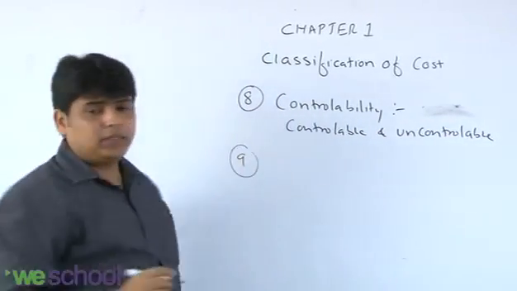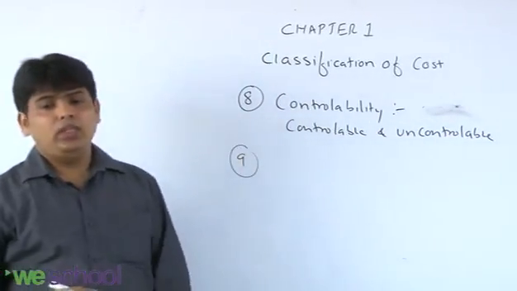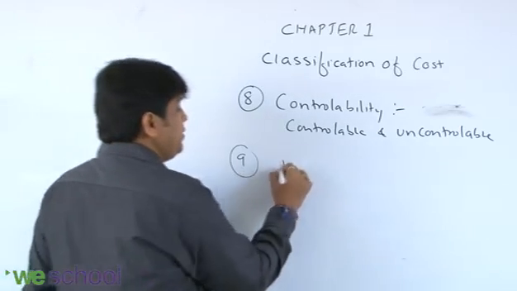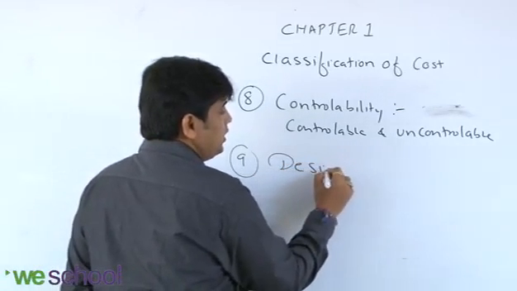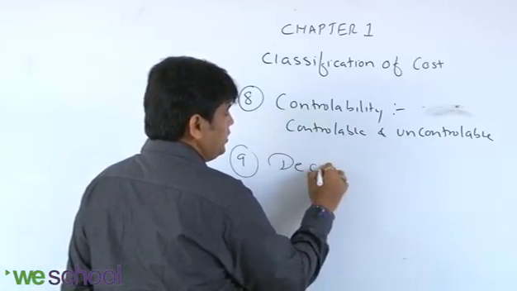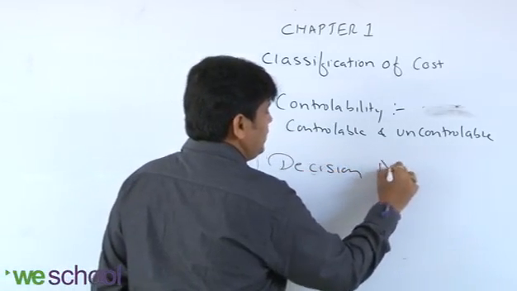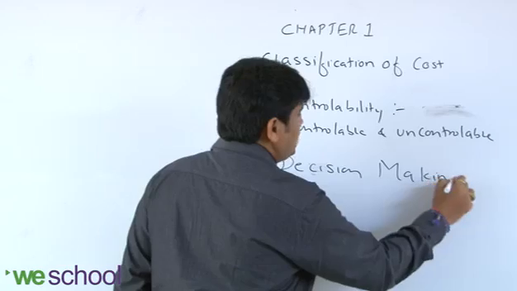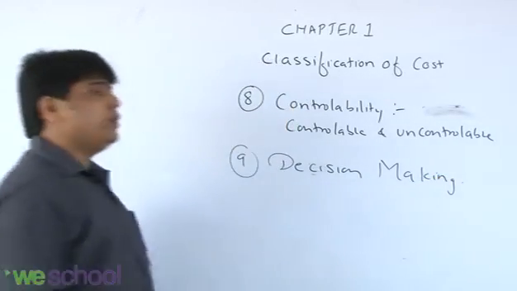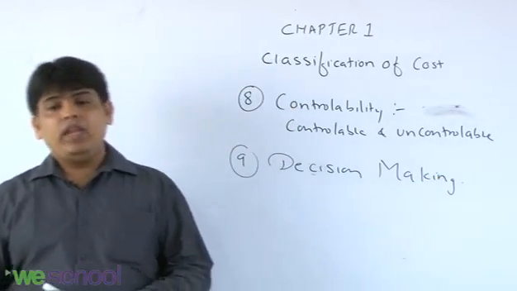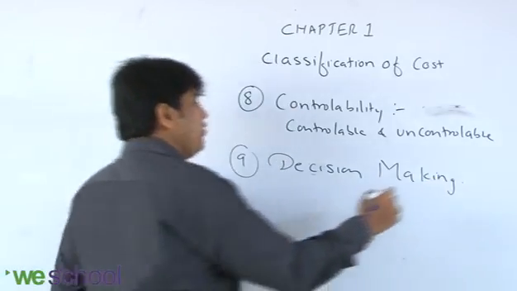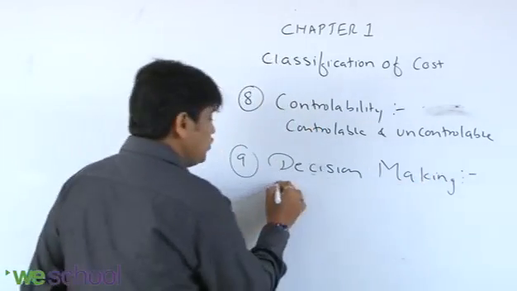Then the next one is on the basis of decision making. There are certain costs which are classified on the basis of decision making. When I use the word decision making, there are various costs included.